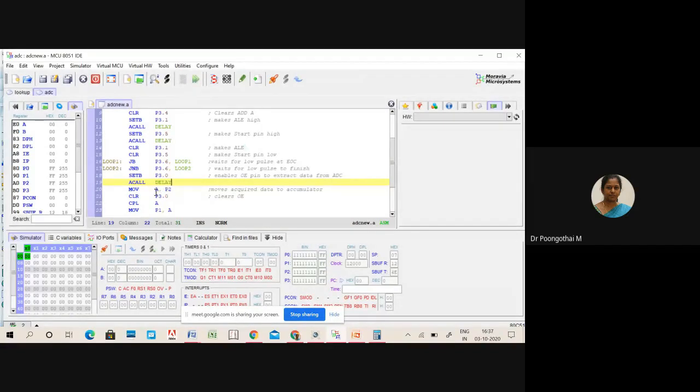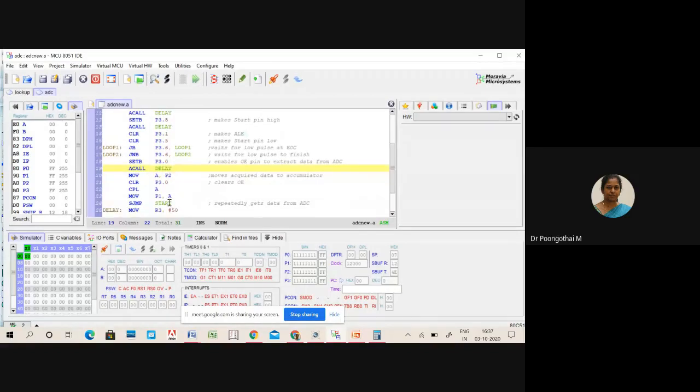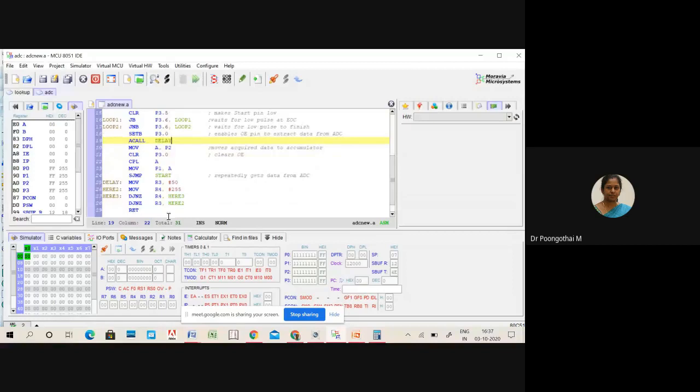Move that P2 to accumulator, and clear your P3.0 to clear the output enable. And next, complement the accumulator to get the original data, and in order to view your output, move that accumulator content to P1. Okay, so this is about your delay.